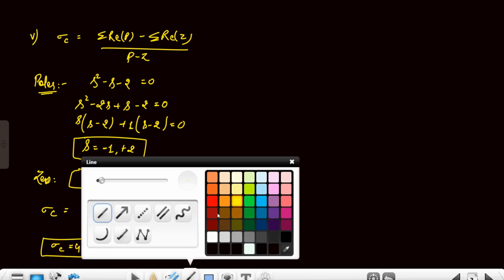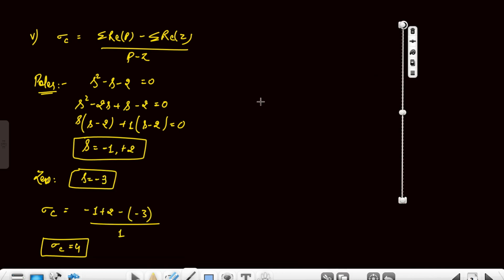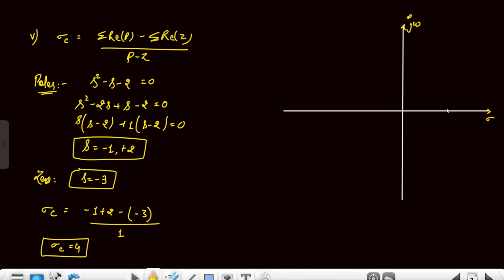Now we can draw the pole-zero plot of this OLTF. It will be like this. This is jω, this is sigma. One pole is lying at plus 2, the other pole is lying at minus 1, and the zero is lying at minus 3.